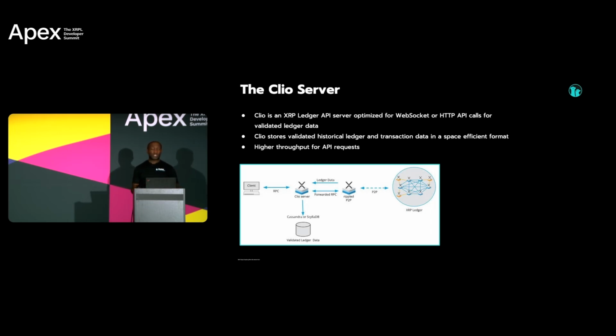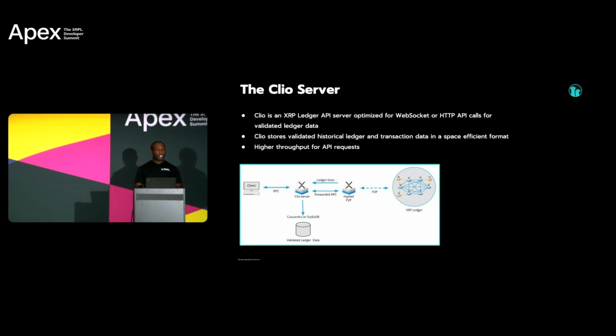So the possible reasons why you may want to run a Clio server versus running your own Ripple server node is that it has lower memory usage compared to the Rippled server, and it can reduce the impact of API requests going to the Rippled servers and the peer-to-peer network.